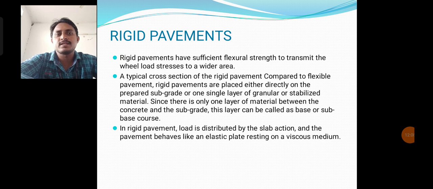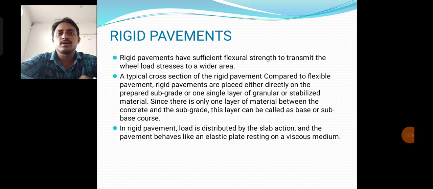Rigid pavements are placed either directly on the prepared soil subgrade or on one single layer. In flexible pavement we have four layers, but in rigid pavement three layers are sufficient: soil subgrade, subbase or base course, and the top layer, which is a slab. The layer between the concrete and subgrade can be called a base course or subbase.